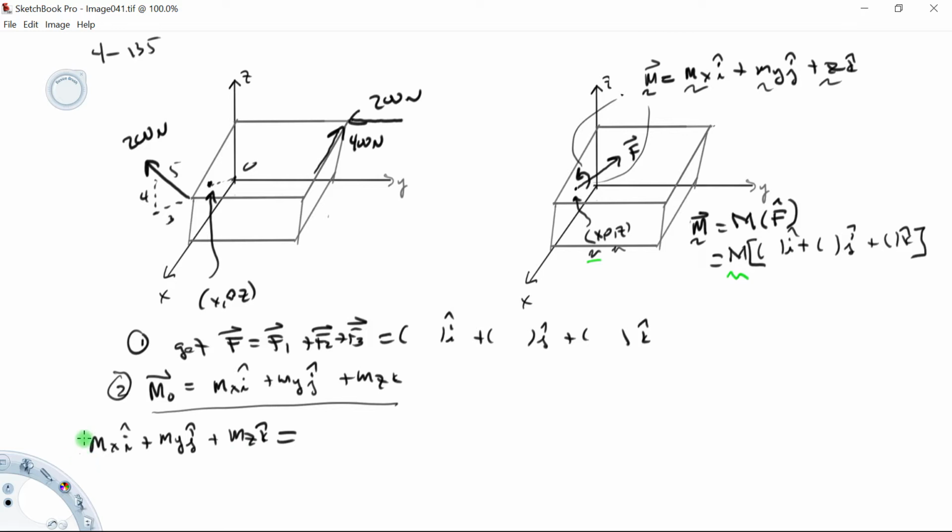You're going to get these values just from calculating moments produced by these three forces about point O. On the right-hand side, we have two effects going on. There's a position vector that points from here to here equal to x i plus 0 j plus z k. When we take that position vector and cross that with this force vector, we're going to get the moment produced by this force about this point. And here's what that's going to look like.